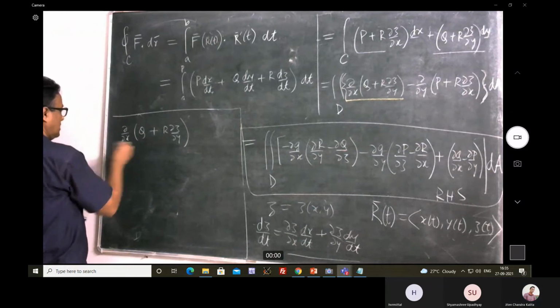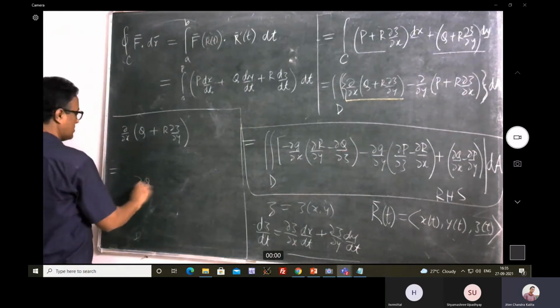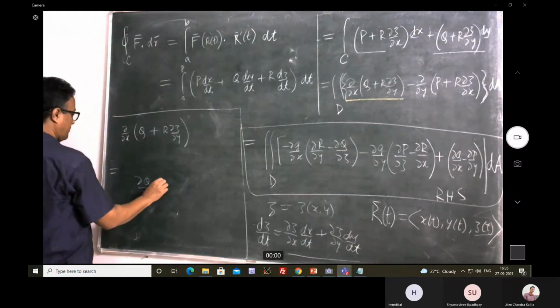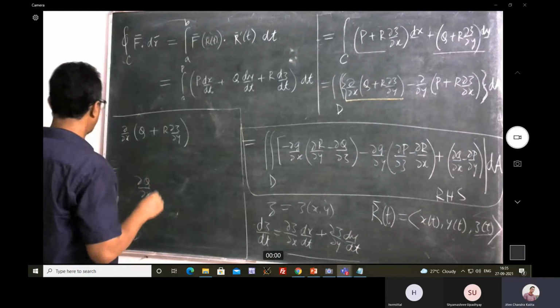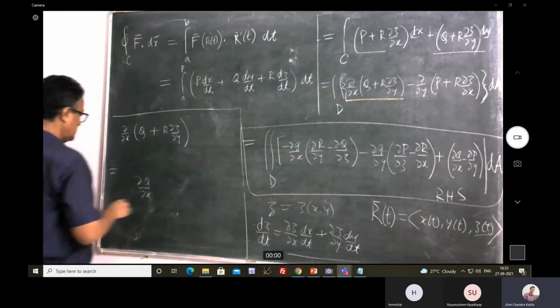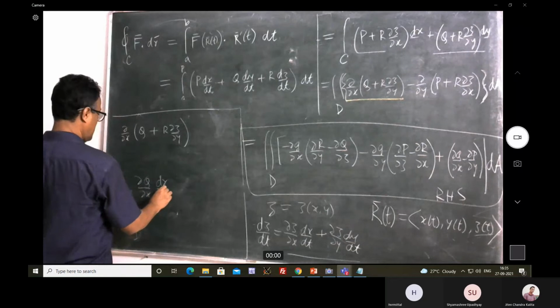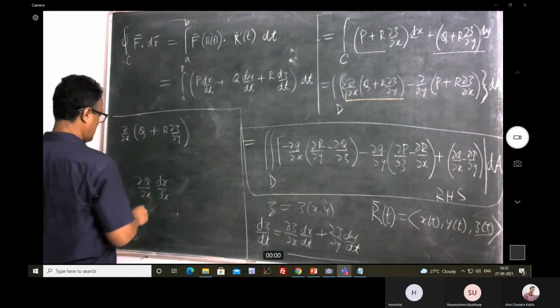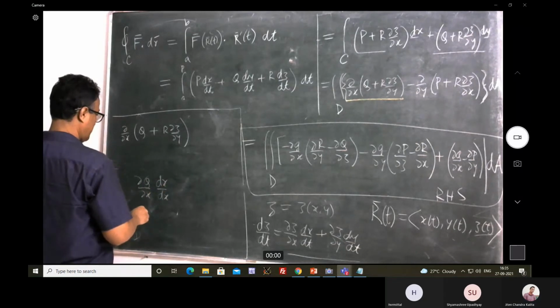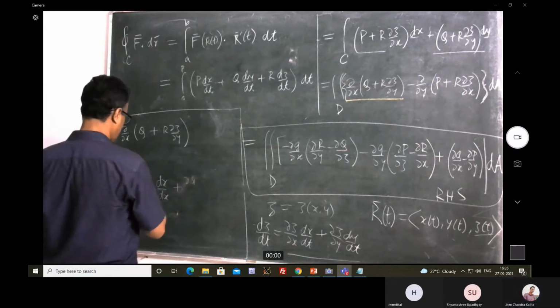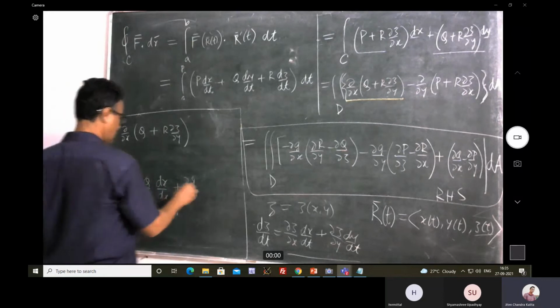Yes. This should be this. So remember, see, this is in fact something like this. It is a function of x and y.